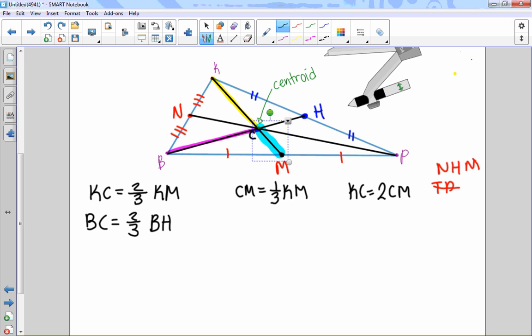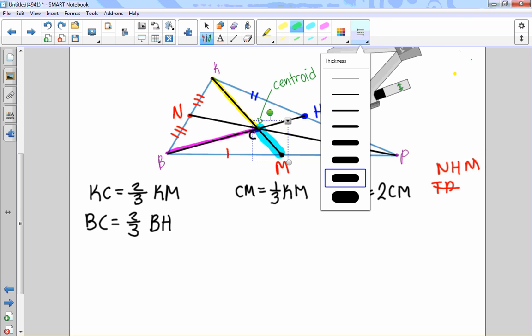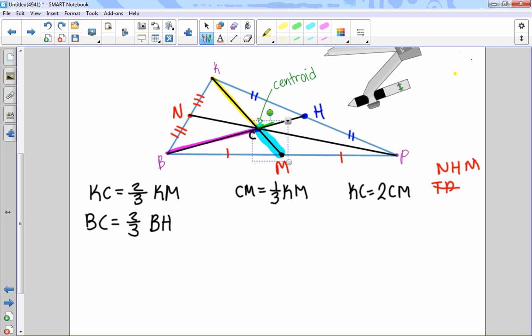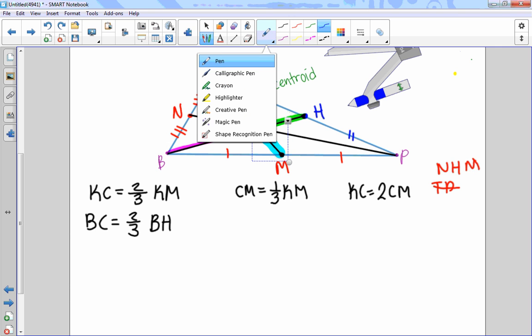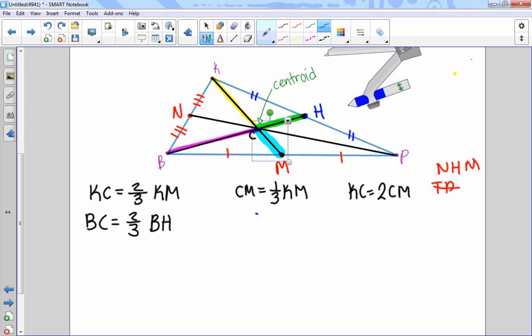The longer portion will always be 2/3, which means our shorter portion, let's do this one in green, from C to H, C to H is 1/3 the length of BH.